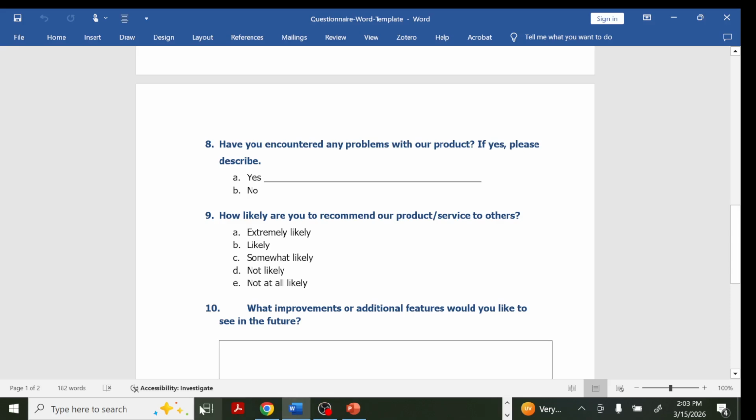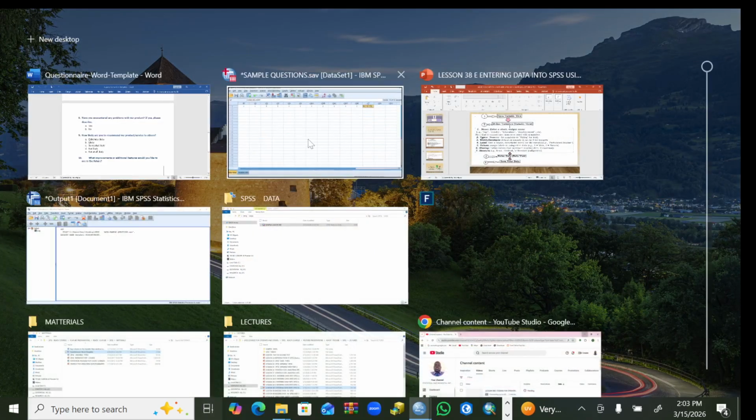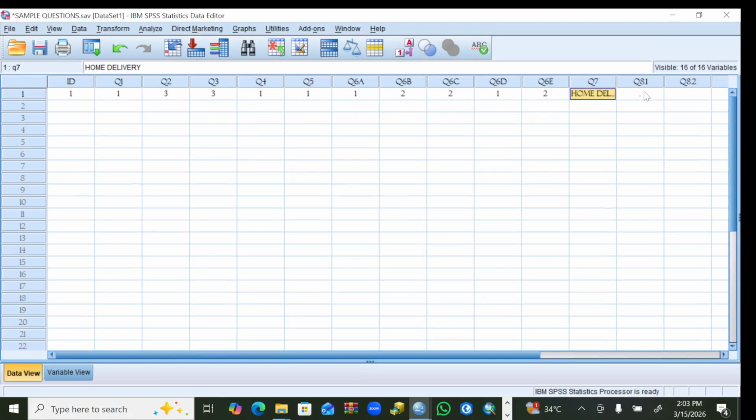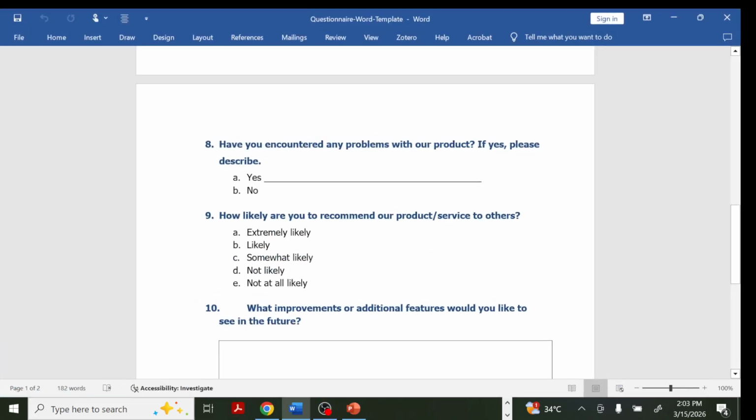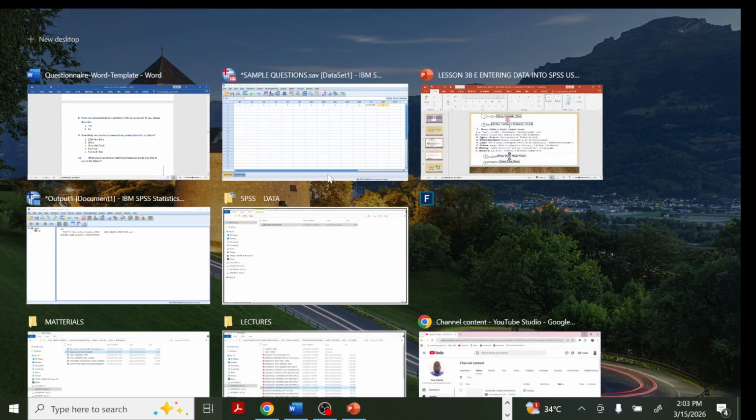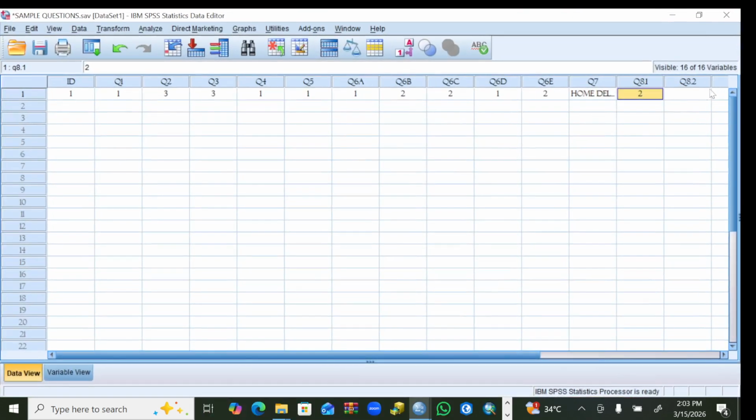So let us assume that he did not encounter any problem, which is 2, no. Of course, when you look at the nature of this question, if he did not encounter any problem, it means that he's not going to fill anything. So the second part of the question is not going to be answered. You will skip it because he did not get any problem.